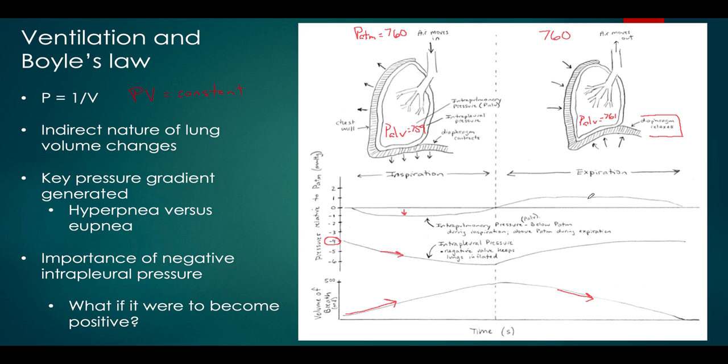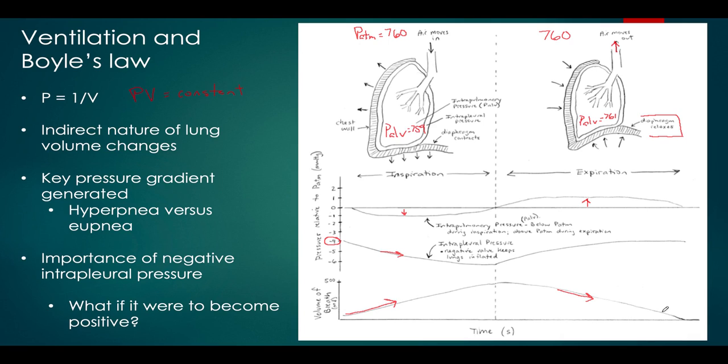And here's our jump up, about a millimeter of mercury. And now we have a 1 millimeter of mercury gradient favoring expulsion of air from the lungs through an open glottis. And here we have the volume of our breath that we took in being expelled in exhalation. And so there's Boyle's law and how it helps explain overall lung ventilation.